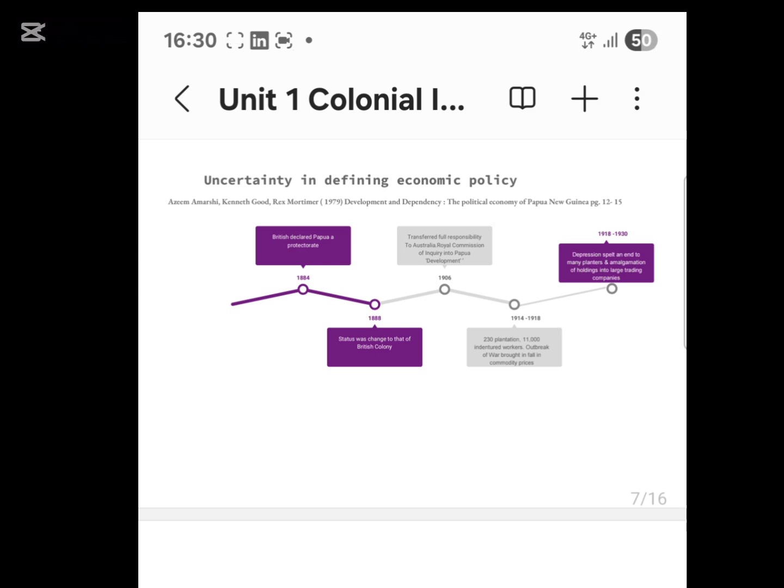So you can see the challenge faced by Australia in trying to consolidate and develop its own country as a whole, and at the same time the burden of taking care of another responsibility passed on by Britain, that is Papua.